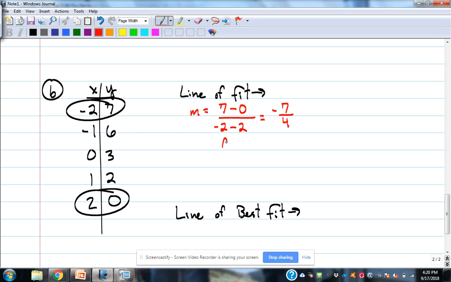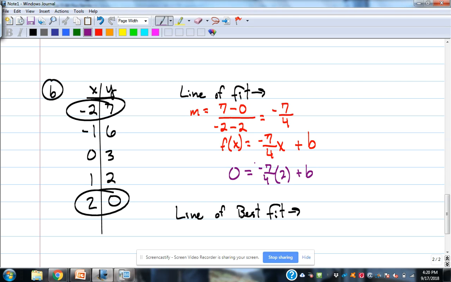The next thing to do is plug that in for the slope and then find the y-intercept. So use one of the ordered pairs that you used to get the slope to find the y-intercept. I'm going to pick (2, 0). That's an easy one to do. So y is 0, negative 7 over 4 times 2 plus b.